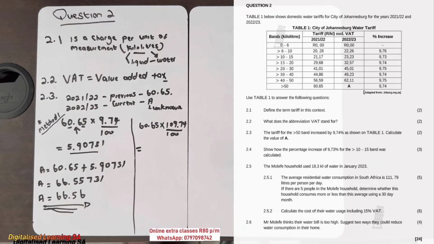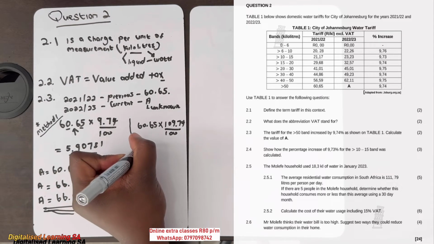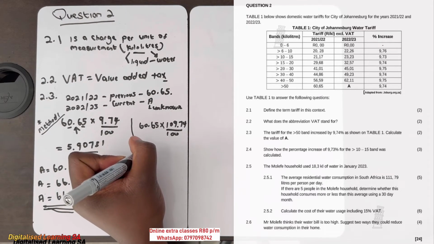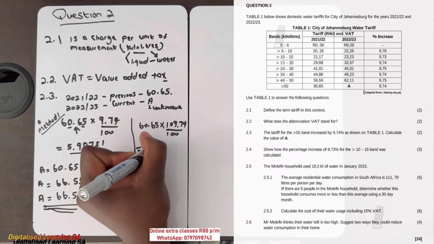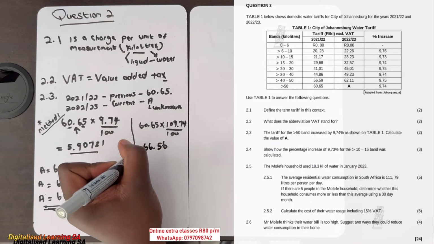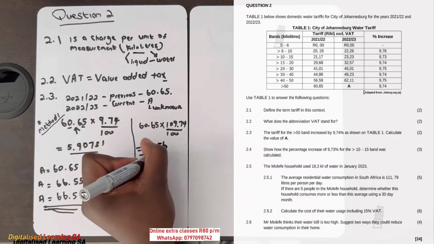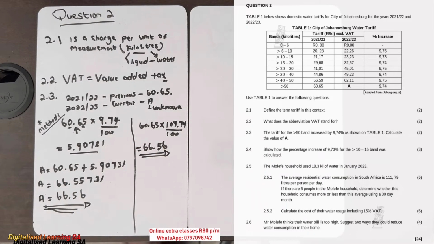Let's quickly do that. If we take 60.65 multiplied by 109.74 divided by 100, we will get the same answer, which is 66.56 if we round it off to 2 decimal places. So now we are done with question 2.3.